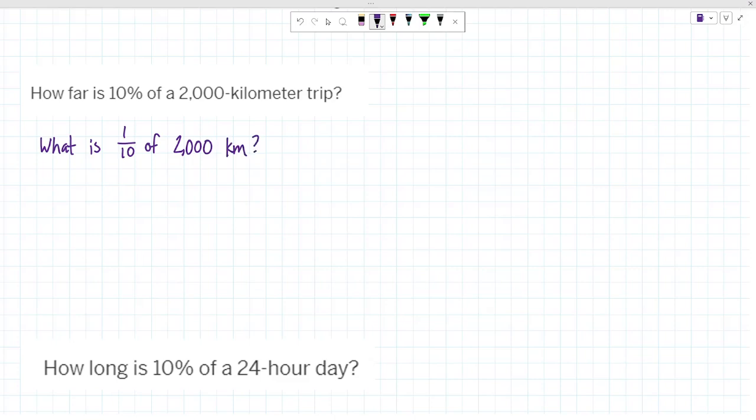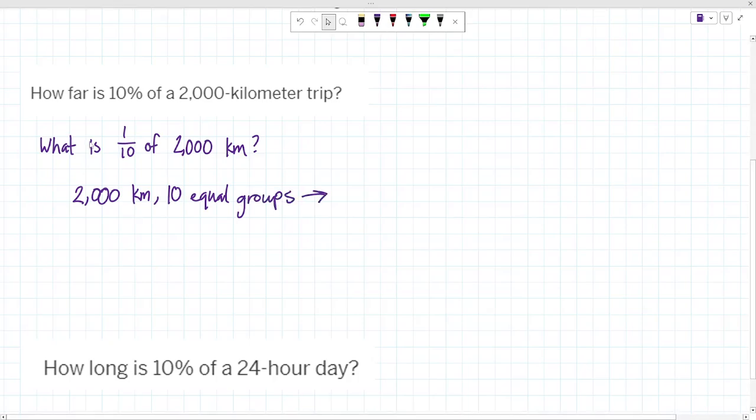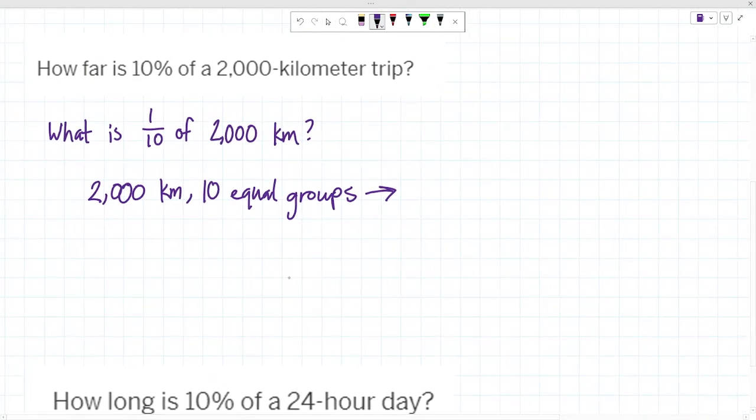If we take 2,000 kilometers and we put them into 10 equal groups, then in each group we have 2,000 divided by 10 kilometers. So what is 2,000 divided by 10? That's going to be 200.